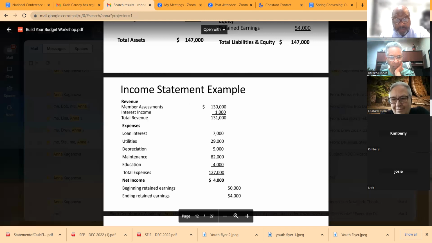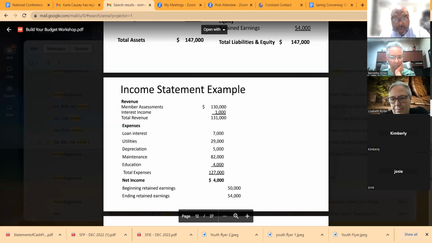Your expenses are what you're paying out. So you're paying out for loan interest, utilities, depreciation, maintenance, education, and so the total expenses are 127. To get to your net income, you subtract your total expenses from your total revenue, and that gives you your net income.